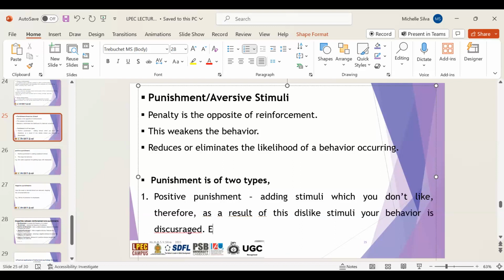Example: let's say you are suspended from a university or a school because you had some conflicts with a few students.